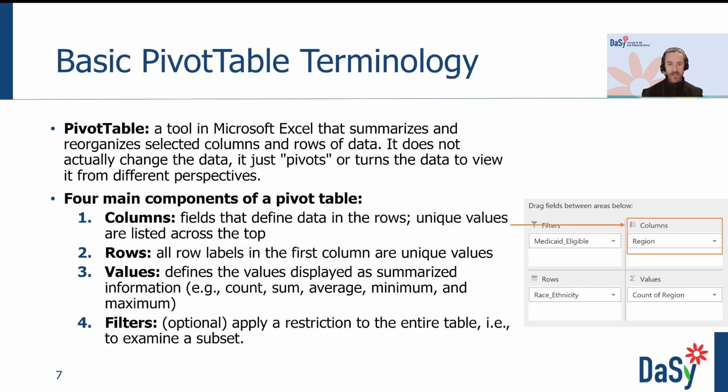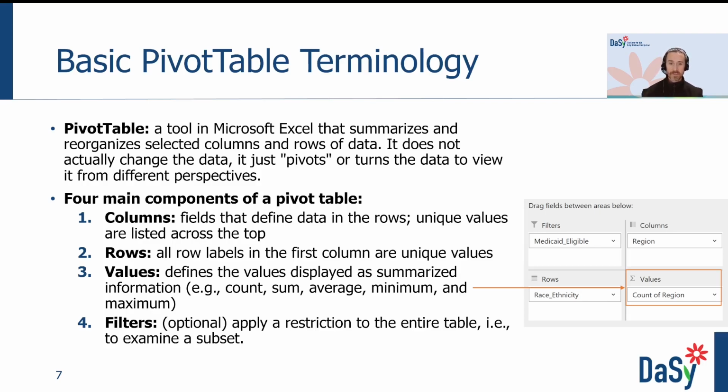The columns area represents the fields that define data in each of the rows that you add to a pivot table. It's going to split out the rows into different columns, and these are going to represent unique values in your data set. Next are the rows. These are also going to be unique values that show up in the first column in your pivot table. Next, we have values. This helps you define the values that are displayed as summarized information.